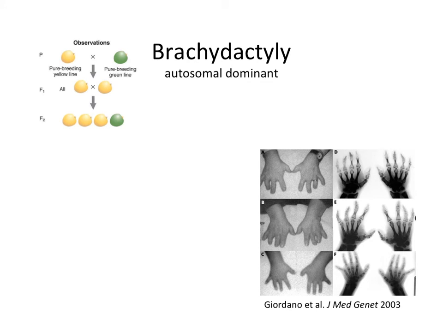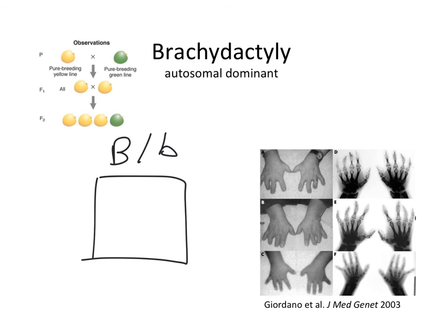So if 1 in 10,000 individuals in the world has the gene, regardless of whether or not it's dominant, in a family that has somebody who is, let's say, capital B is the dominant brachydactyly gene, and they're heterozygous, if that person mates with and has kids with somebody who's wild type, 2 little b genes, so not brachydactylous, what frequency of brachydactyly do you see in their offspring? 50%.